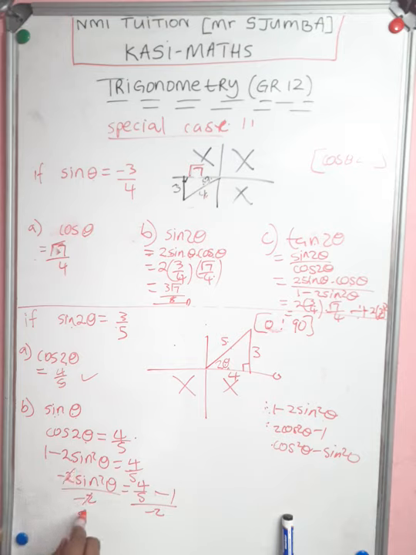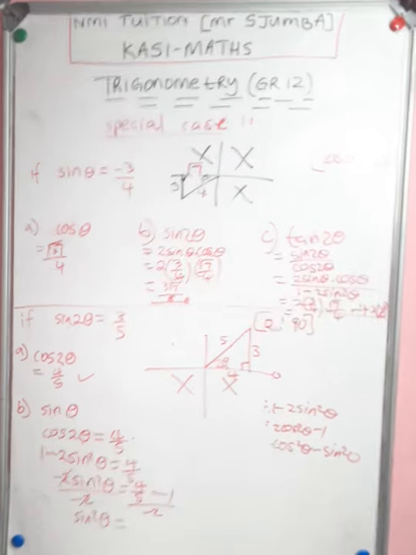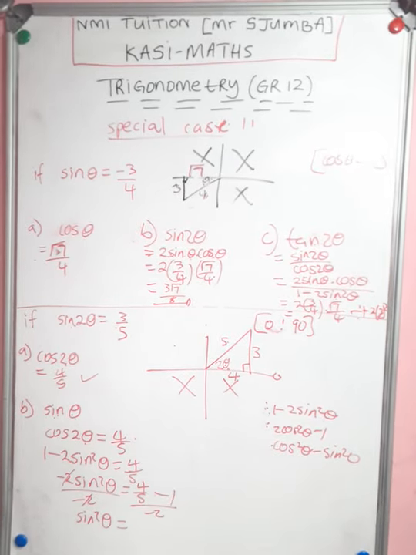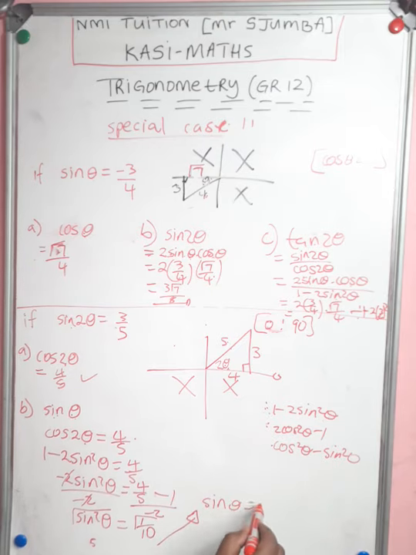The minus 2s cancel, leaving sin squared theta equals this. So this is 1/10. Put in roots, therefore sin theta equals √(1/10). So this is our final answer.